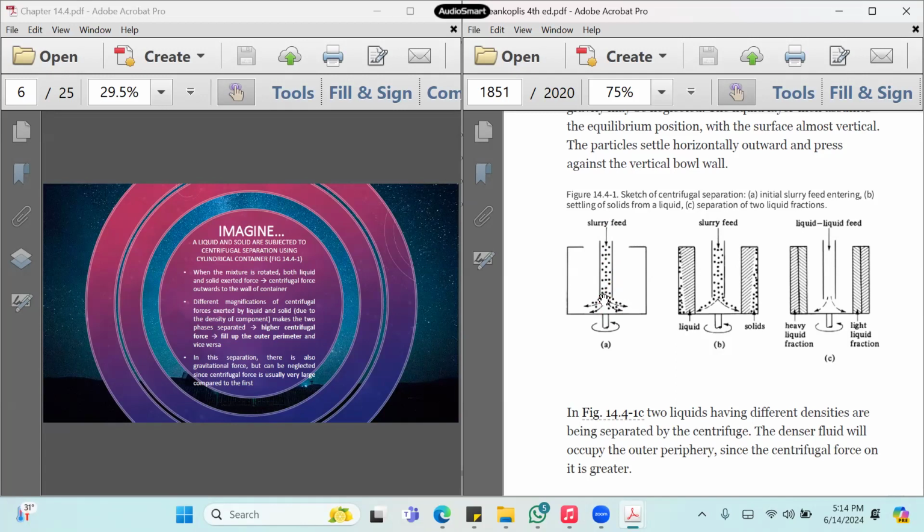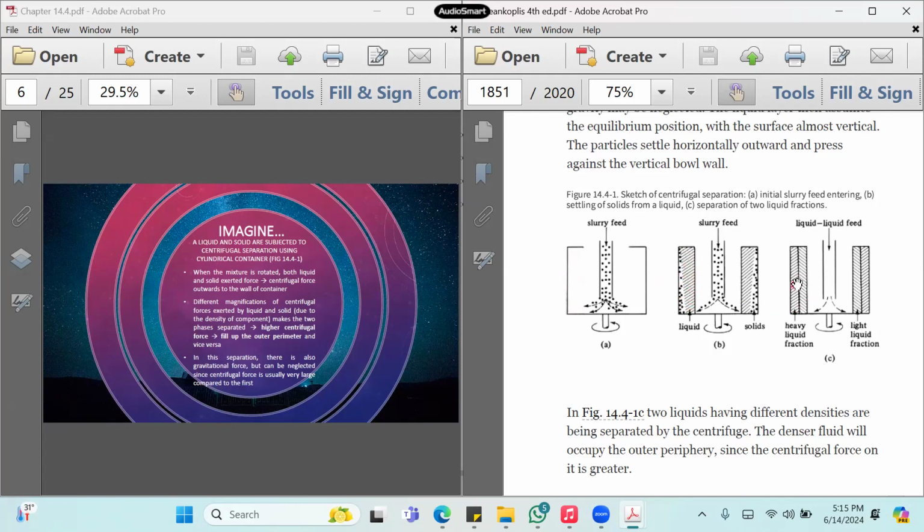The one with higher density, or with the higher particle mass, will contain higher centrifugal force. Higher centrifugal force causes the material to fill the outer perimeter of the vessel, while the lighter one fills the inner part.